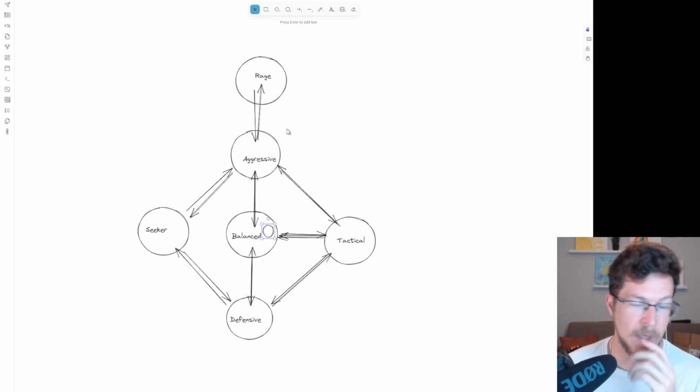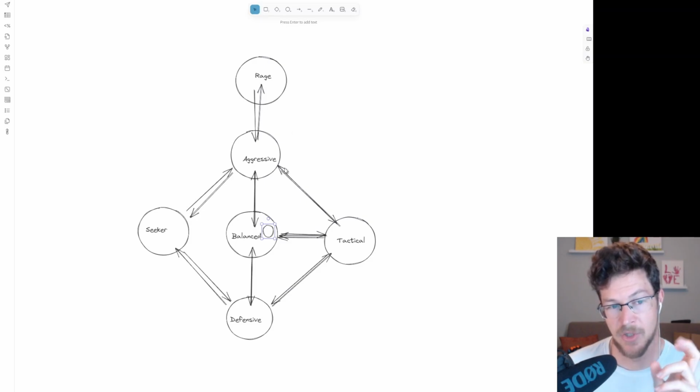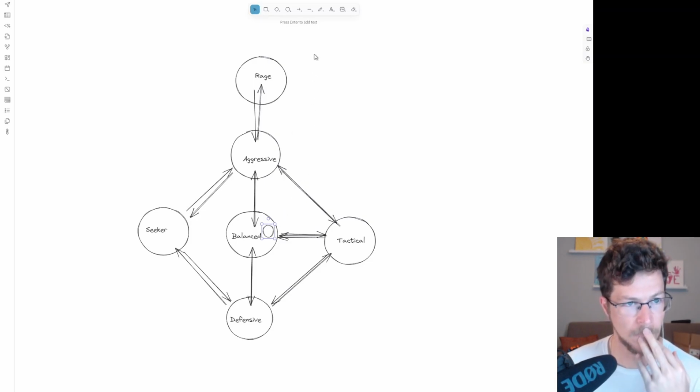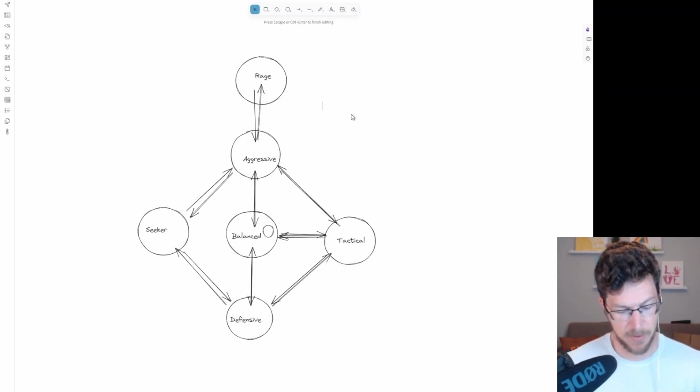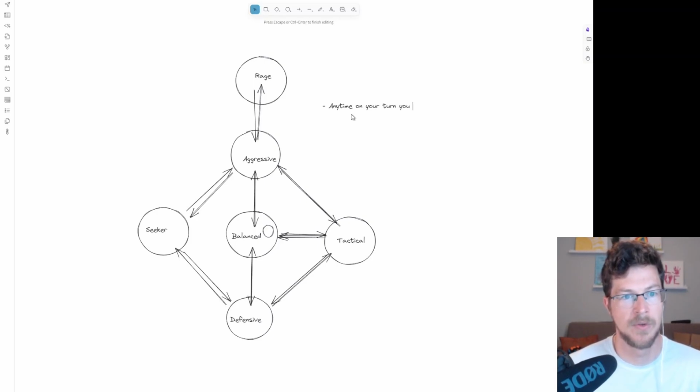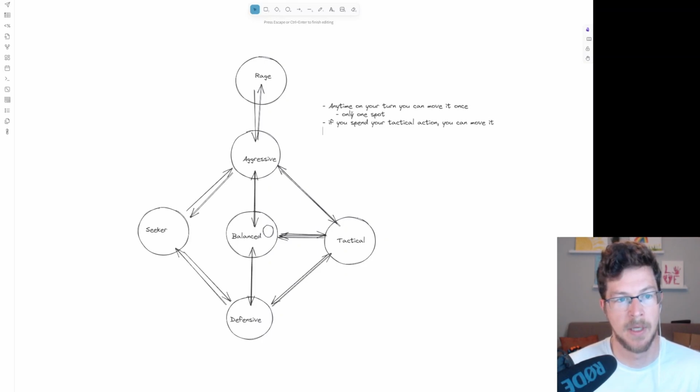Now, the other little challenge you have is that on your turn, the two things that happen here are that any time on your turn you can move it once, and the follow-up to that is also only one spot, but if you spend your tactical action, you can move it anywhere available, right?